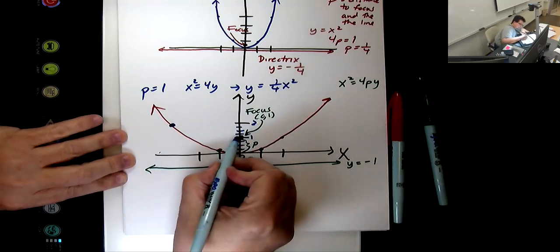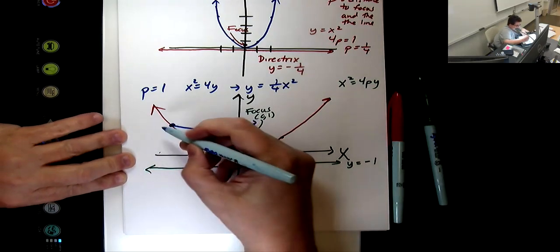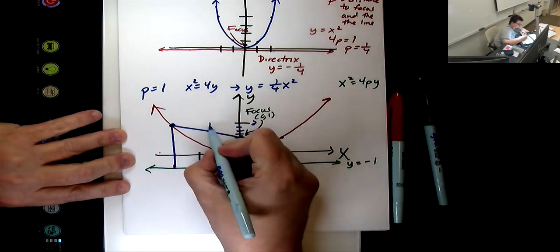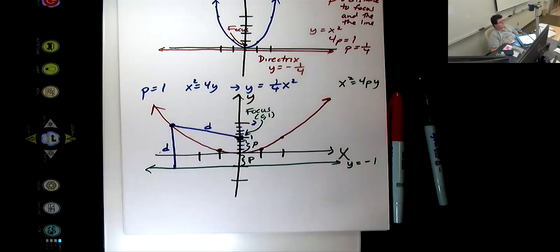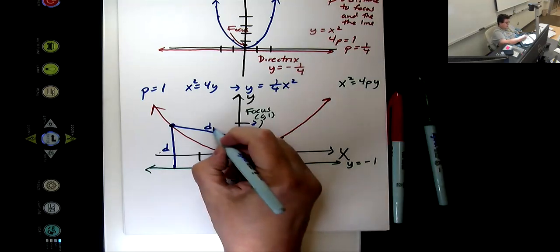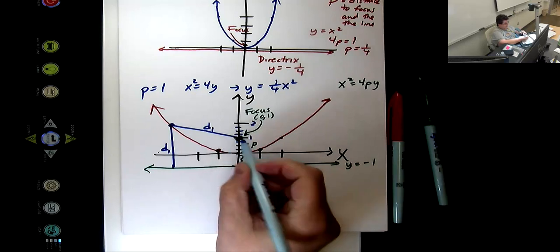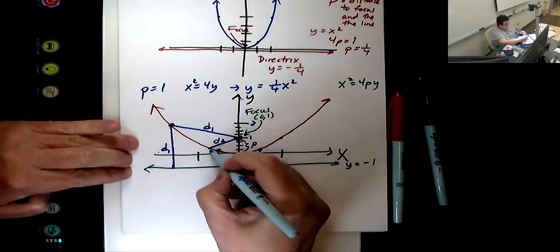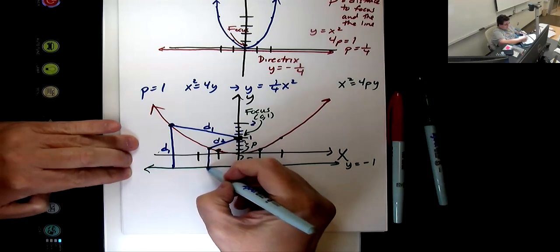The distance here and the distance straight down here are the same. And it doesn't matter which point I go to. Let's call that D1. If I go here, that distance is D2.